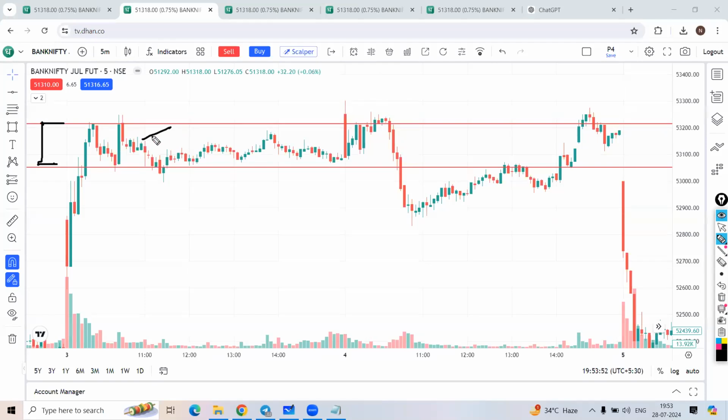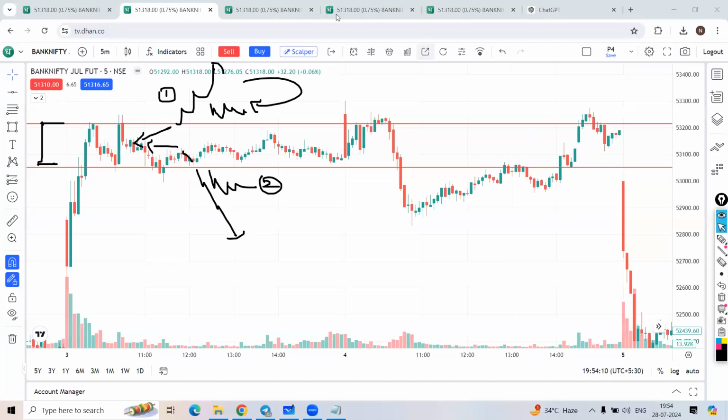If price has to move up, it has to come out of this zone. If price has to move down, it has to come out of this zone, do some action below it, do some action above it. Number 1 and number 2 are clear? Yes, no? Because I'm repeating for the second time, I might not repeat again. This is the only way bulls and bears can make a move.